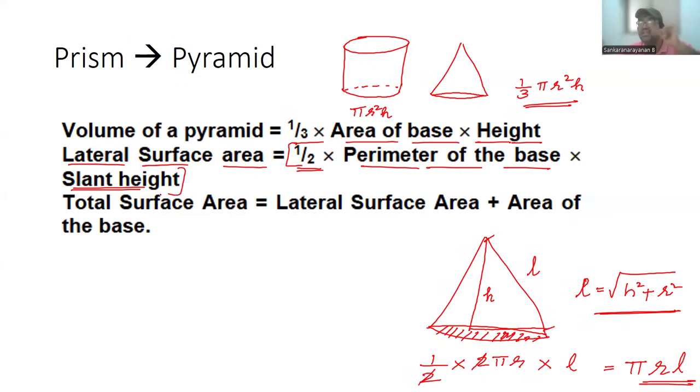It's not the vertical height, it's the slant height. Once you know the lateral surface area, the total surface area will be the lateral surface area plus the area of the base. More than sufficient. You can get things done.